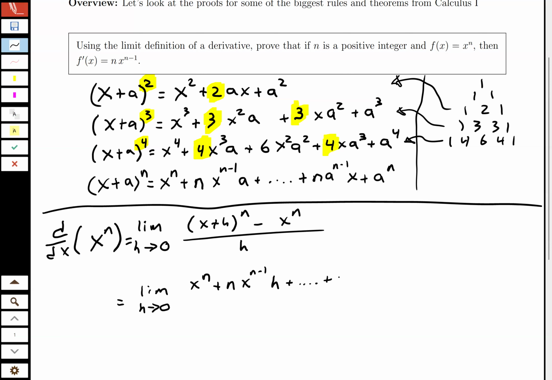So if I were to use this formula here, I could expand out that expression (x + h) to the n if I multiplied it.